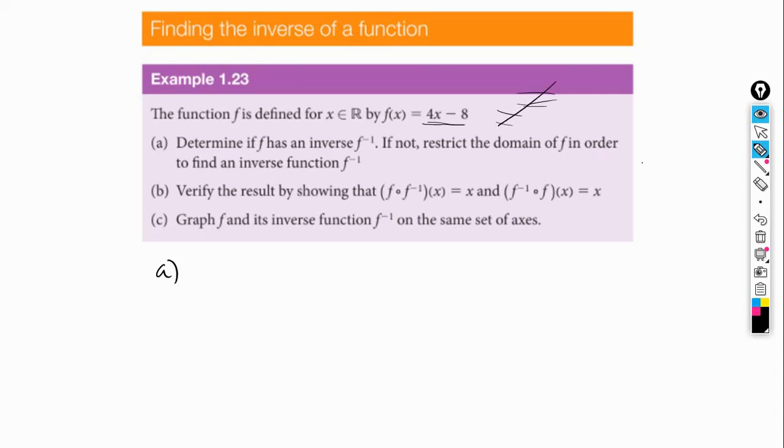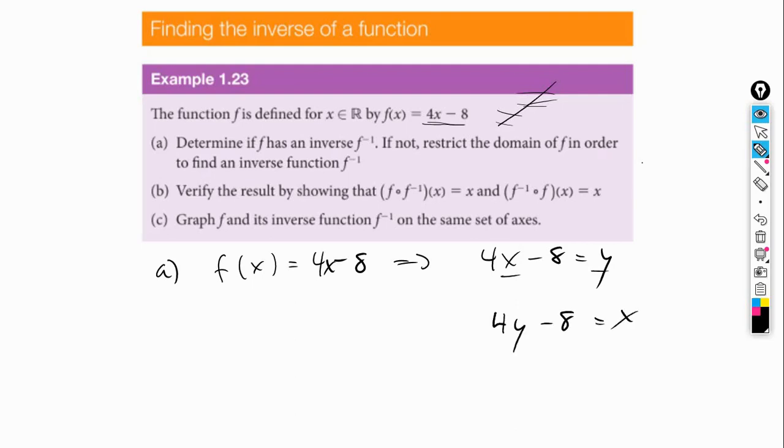Since we have that f of x is equal to 4x minus 8, we can rewrite this by saying that 4x minus 8 is equal to y. So in order to find an inverse, what we do is swap the x with the y. So we would rewrite this as 4y minus 8 equals x, and then solve for y.